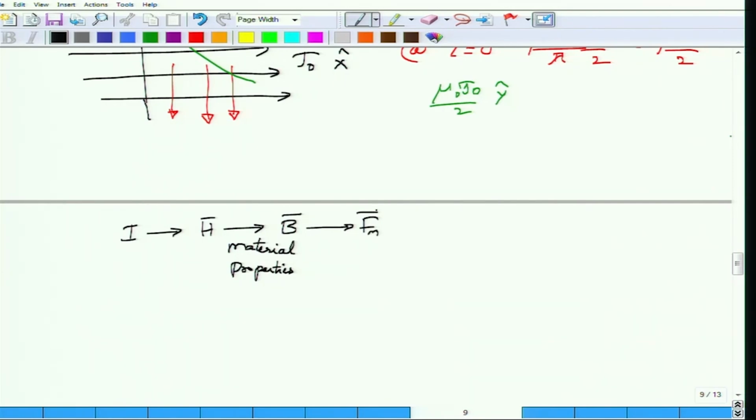So, this is the sequence that we would be following when we want to model magnetic material effects.